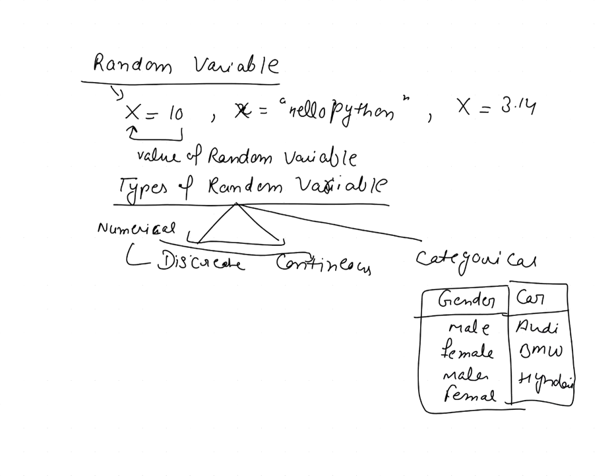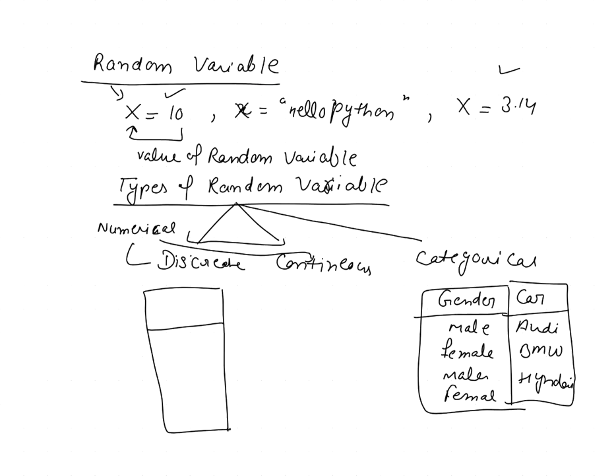Okay. Now we will talk about the numerical. Numerical can be any number, integer, float, right? So I have given you the example here. Okay. Now we will talk about the discrete first. So discrete can be any finite number. Okay. This is a finite number.